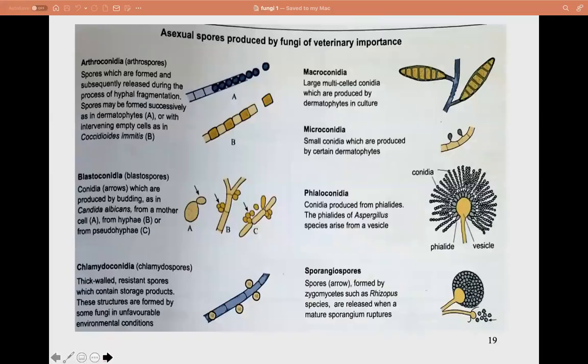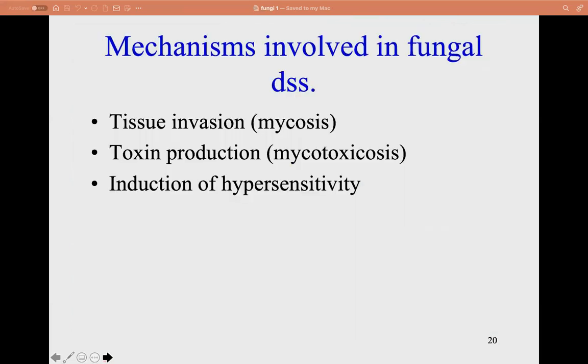So these are the different asexual spores produced by the different fungal organisms. Next, we have the mechanisms involved in fungal disease. We have tissue invasion, which we call mycosis.